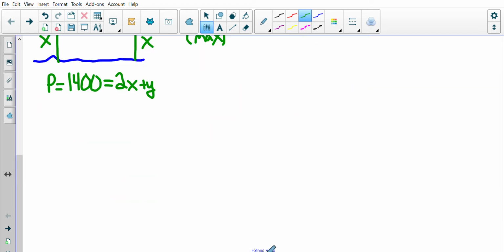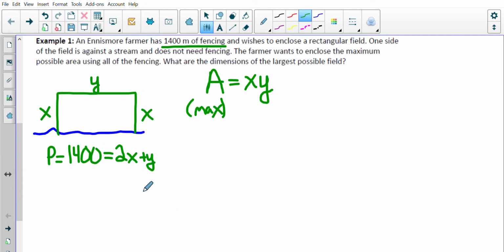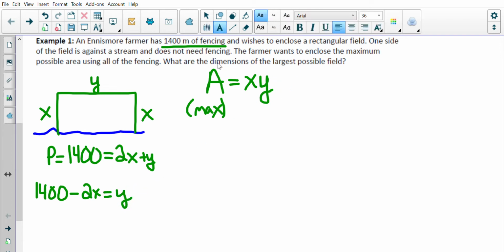I want to isolate one of the variables, so I'm going to move the 2x over the other side. It's a minus 2x, and that equals y.